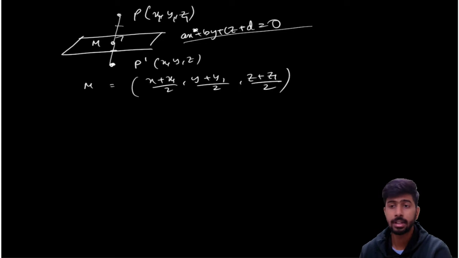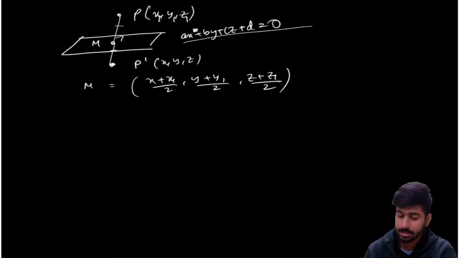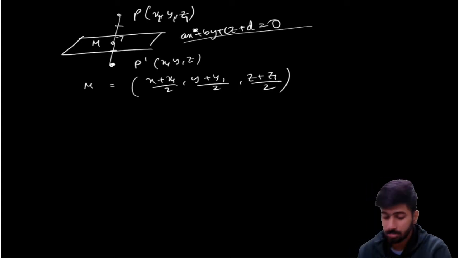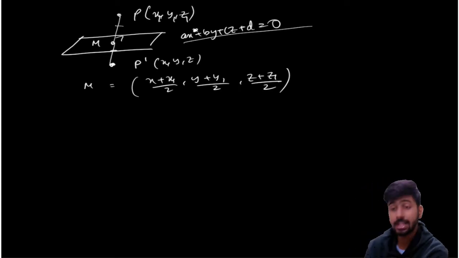Also, there is one more thing. I can write, or in fact, you can do it this way. So now what you can do is you can substitute this M in the equation of the plane, right? And since you already know x1, y1, z1, you'll have an equation, but you'll have three unknowns obviously.